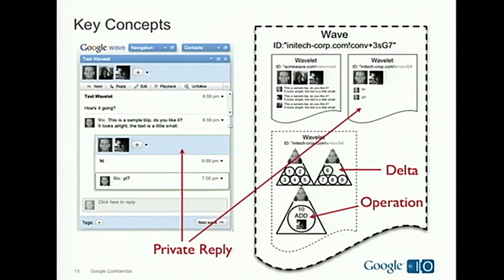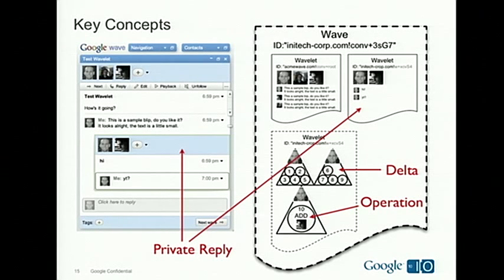Now, conceptually, waves are actually sets of wavelets, and a wavelet is basically an XML document or set of XML documents that have separate participant lists. So you'll see here, for example, one wavelet has a separate participant list from the private reply here, and wavelets are composed entirely of operations.